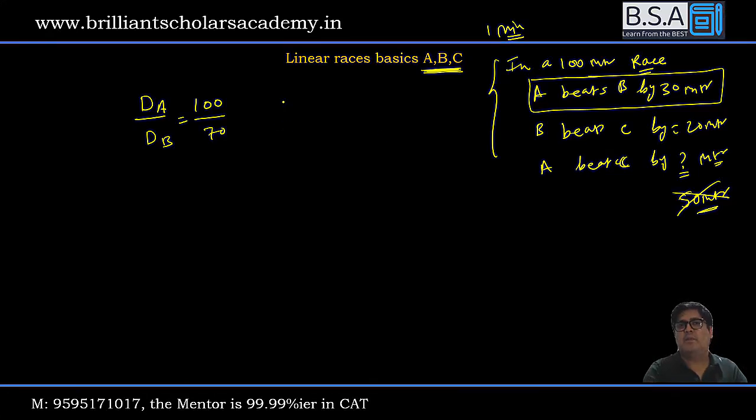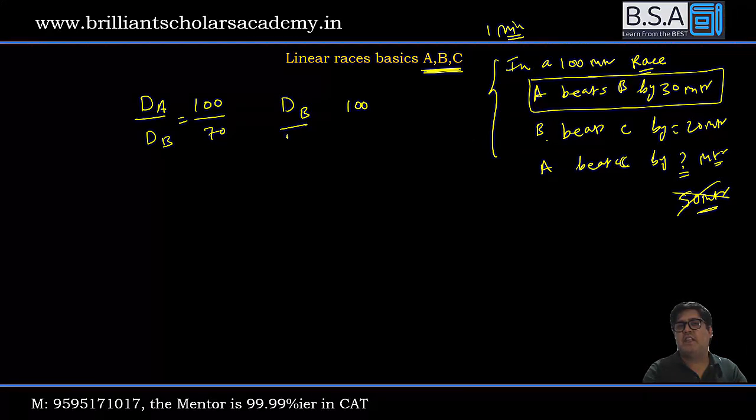This one. When B beats C implies B has completed 100 meters. When B completes 100 meters, C completes only 80 meters.